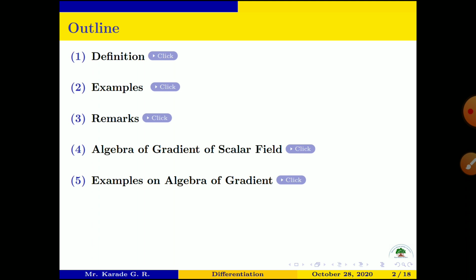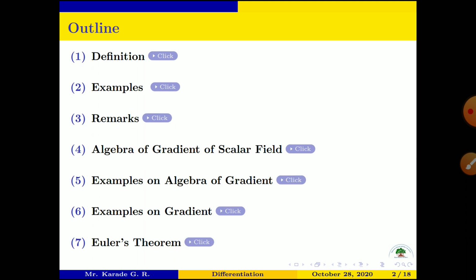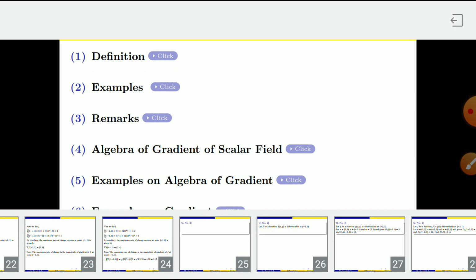Now in this lecture we study the examples on gradient and Euler's theorem, these 2 points. Okay, so now let us start our lecture.